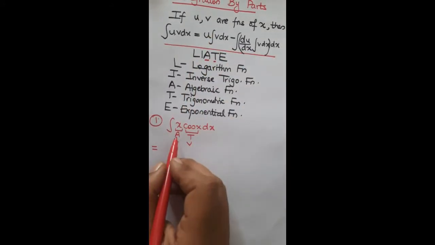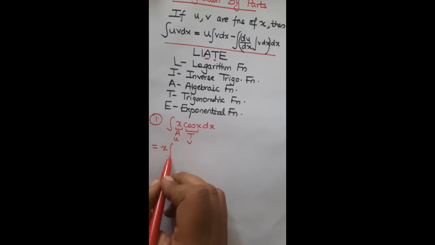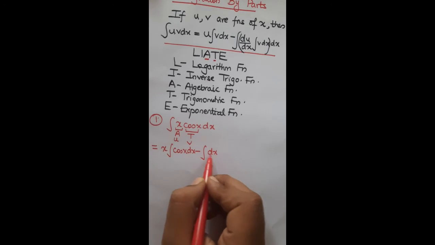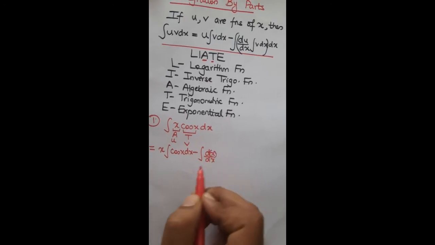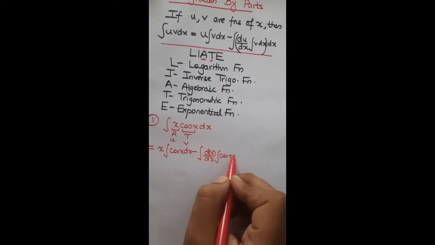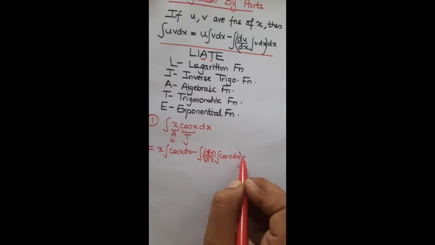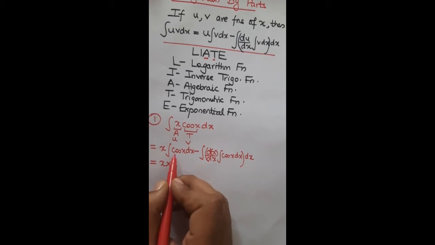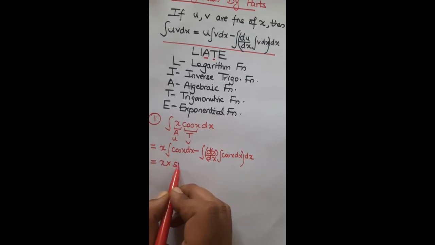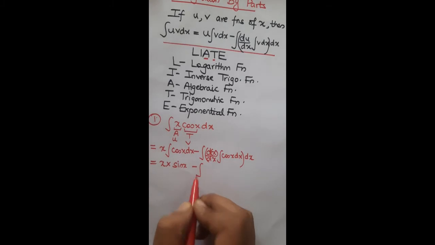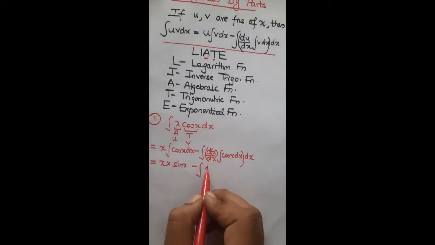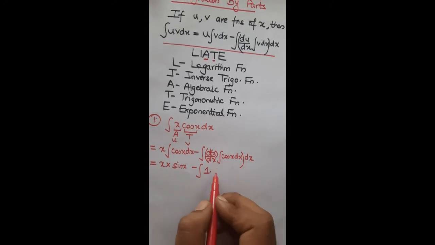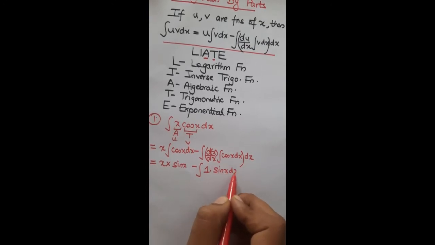So if I keep this in my mind, my u is x and v is cos x. The formula tells me to keep the first function as it is, integrate the second function, minus differentiate the first function with respect to x, integrate the second function, and then integrate this product. Continuing further, integration of cos x is sin x, minus integration, derivative of x with respect to x is 1, into integration of cos x, which is again sin x dx.